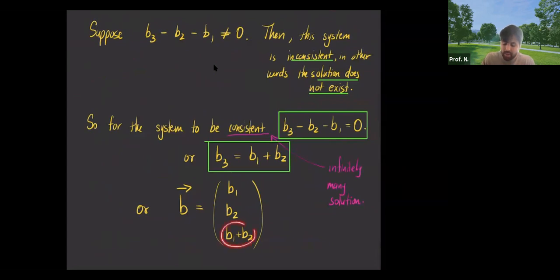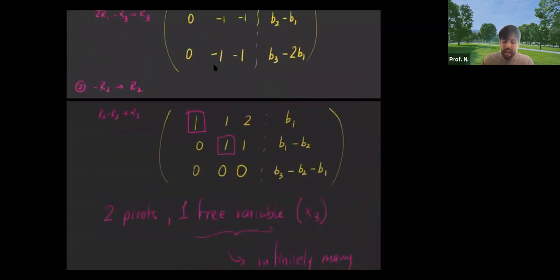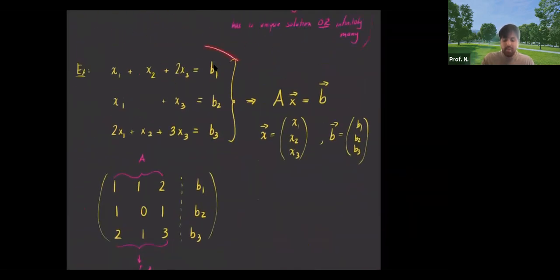If that last entry is the sum of the first two entries of my column vector, then I will always have infinitely many solutions. The moment that this number is not the sum of these two numbers, say 1, 2, and 5, I know for a fact there is no solution.